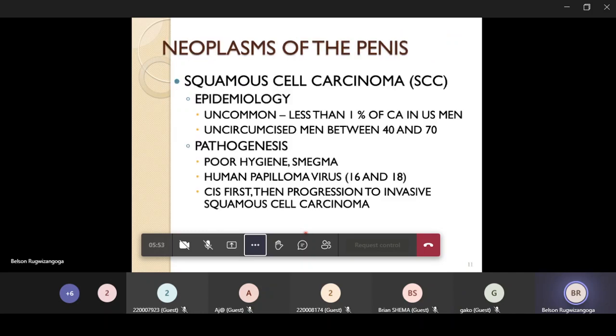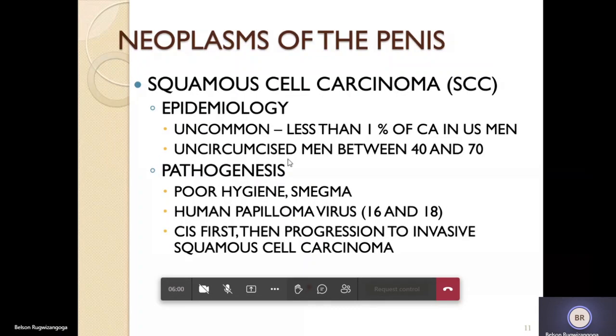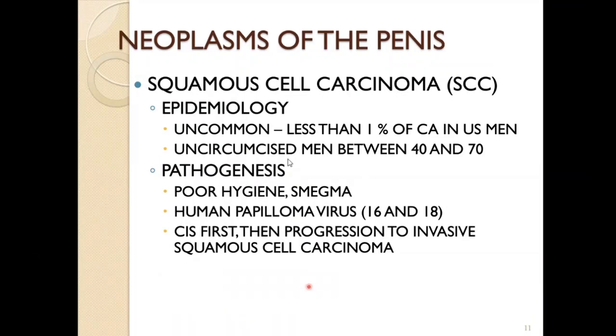The neoplasms of the penis are mainly squamous cell carcinoma, because the penis is covered by squamous epithelium, and you see many cases of this. It is associated with human papillomavirus. We did a study in the different referral hospitals of Rwanda, and we saw that most of these are caused by human papillomavirus serotypes 16 and 18, the same as those causing cervical cancer.